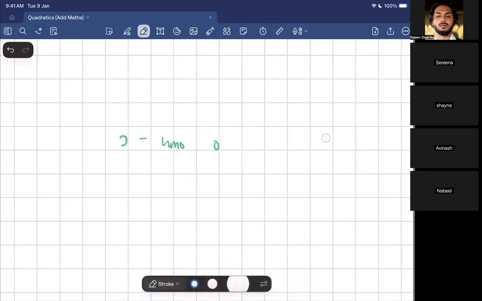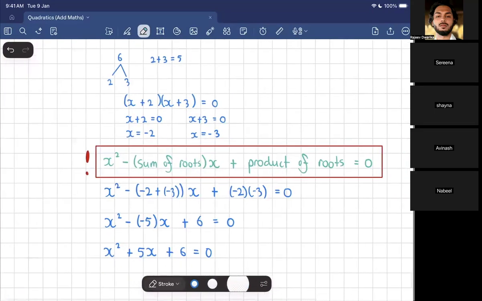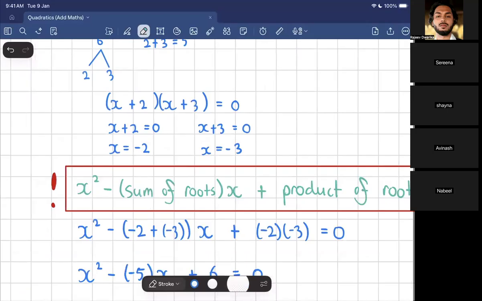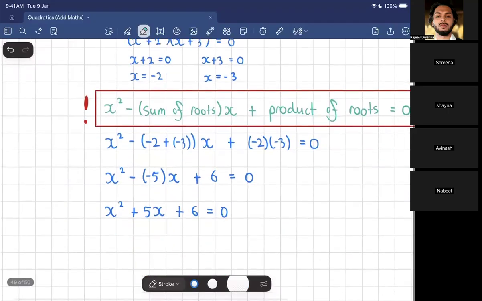Right. So Sheena, in this example, we had numbers for the roots, right? We had -2 and -3. Yeah? Yes, sir. Right.